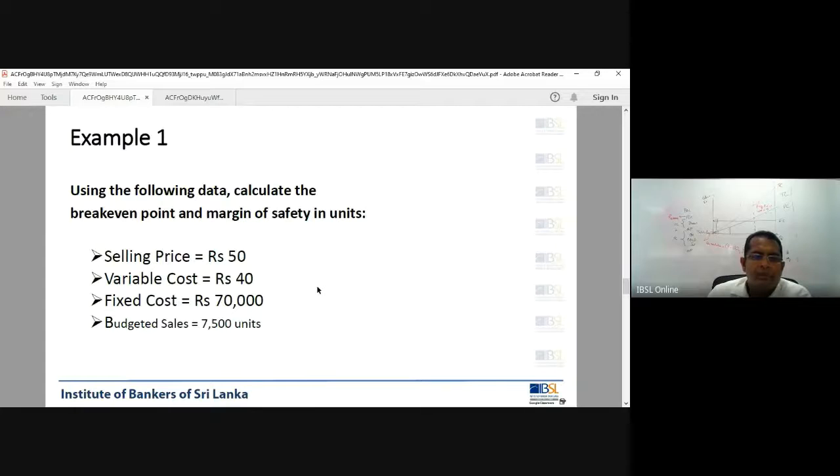So calculate the break-even point. How many number of units you need to sell to break even? Calculate that.